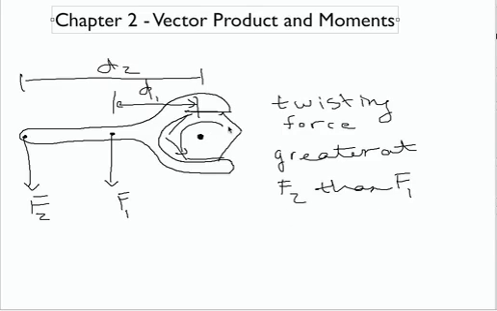So the whole point of this example is to drive home the fact that even if F1 is equal to F2, its tendency to cause rotation about point A right here is different depending on how far away from point A that force is applied. So F1 here is applied close to A, and so its twisting force is less than the twisting force applied at F2. And this twisting force we call a moment.